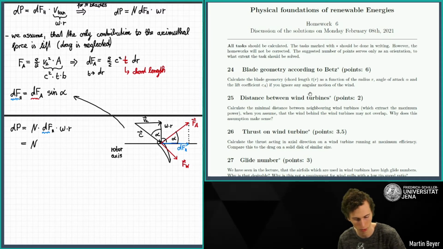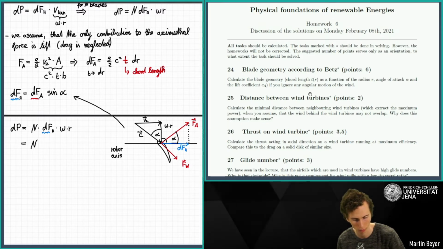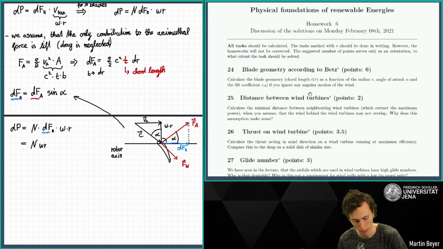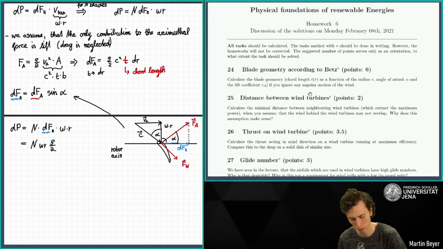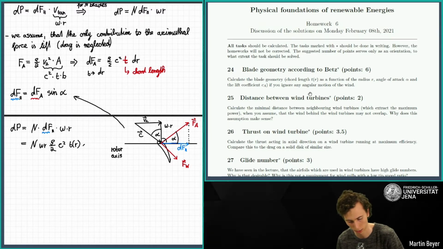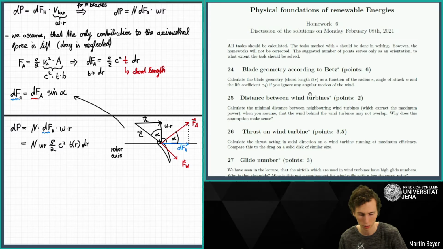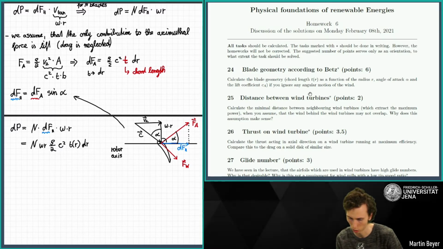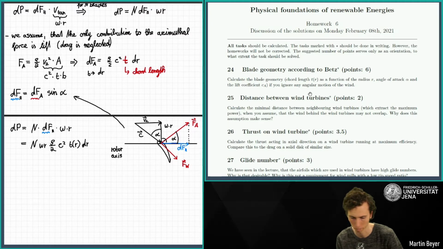Then we can see that it looks like this. So n times omega times r, this is what we already have, times rho over 2, c squared, now the chord length t of r, dr. Maybe I missed something here. I missed the lift coefficient actually.